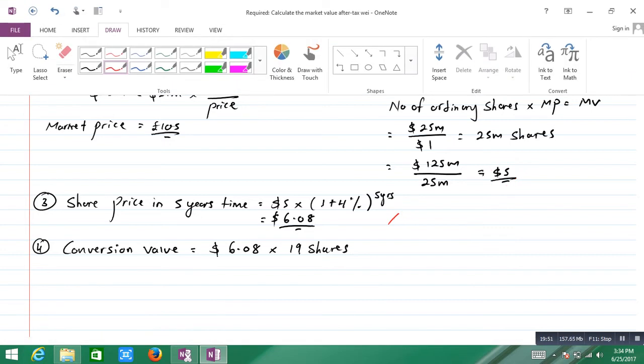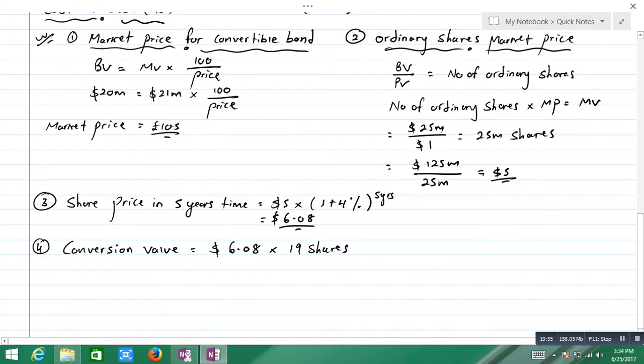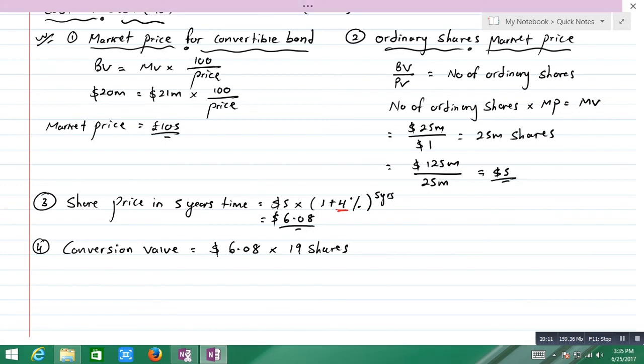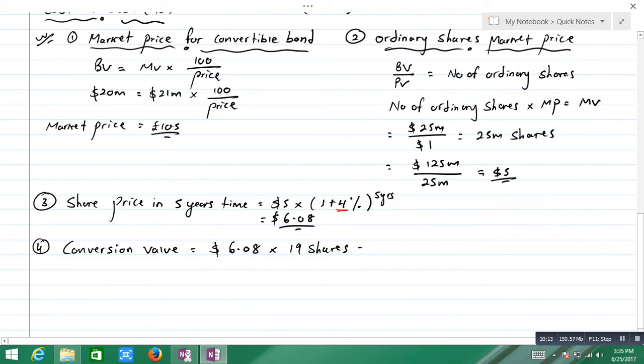Always, if the question gives you an increase in the share price by 4% or whatever percent, please multiply the share price by how much it becomes in the next 5 years, or whatever number of years is given in the question. So that will give you 115.52.